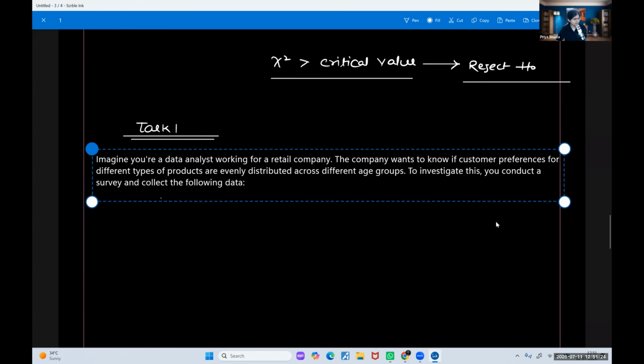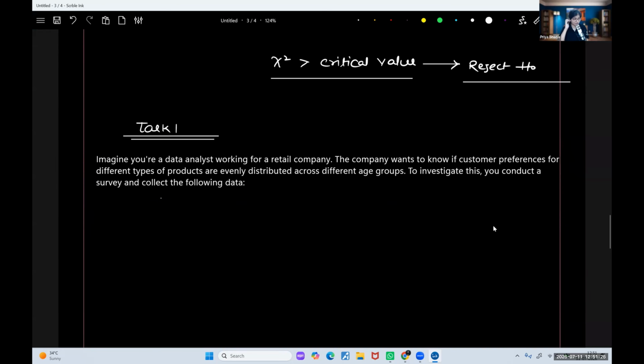Read this. Imagine you are a data analyst and you're working for a retail company. This is the problem which was asked personally to me in one of the interviews a few years back. So read it very carefully. The company wants to know if customer preferences for different types of products are evenly distributed across different age groups or not. ठीक है?